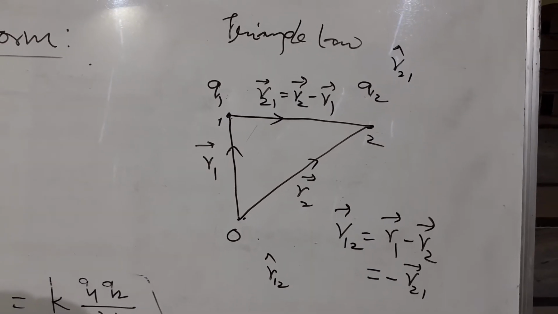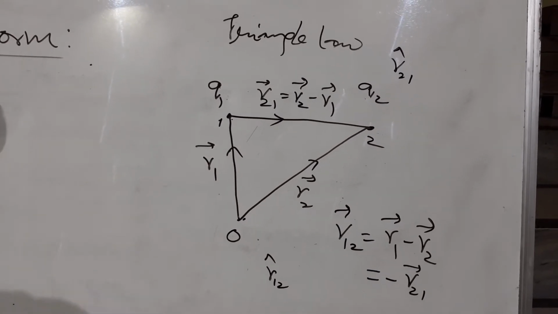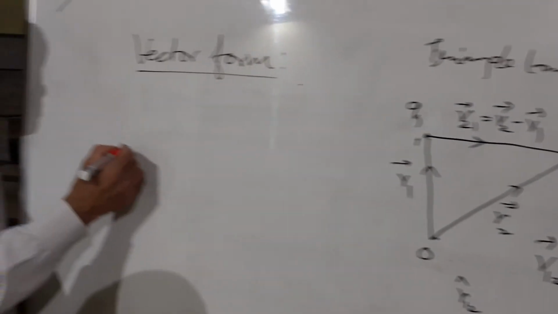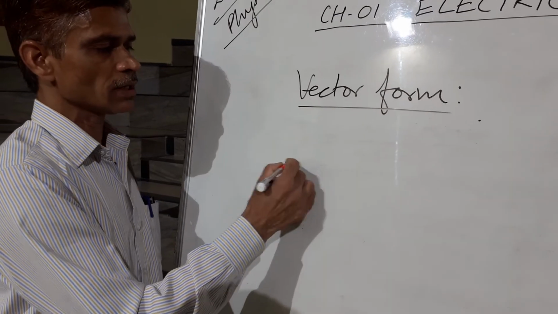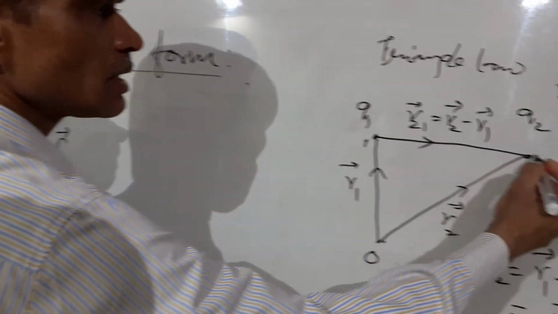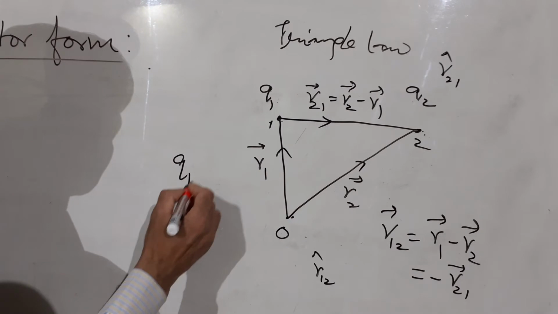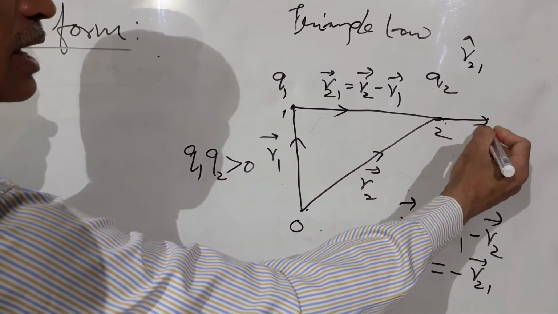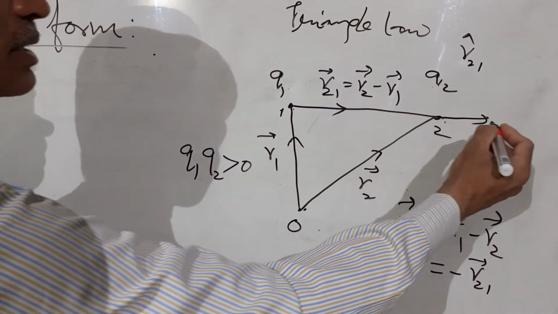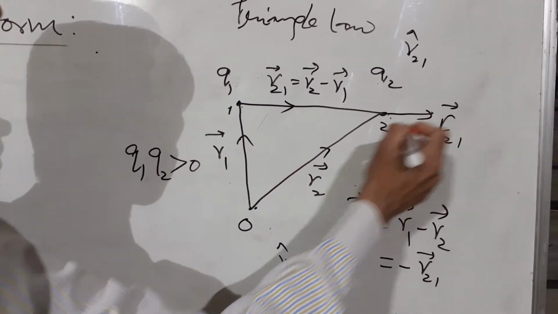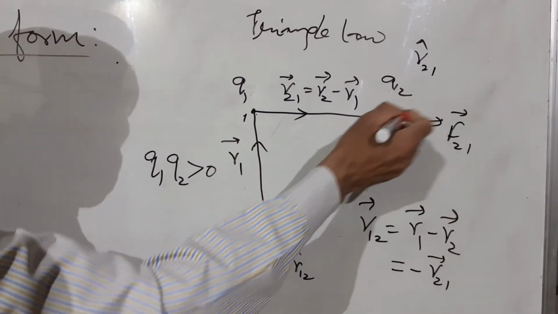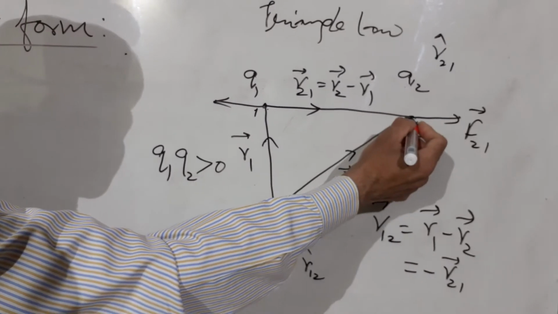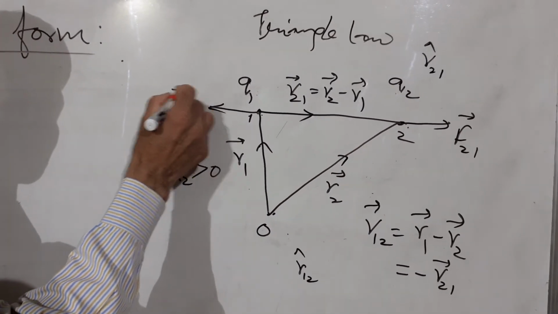So we want to write Coulomb's law in vector form. We can write F21, that is the force on charge 2 due to charge 1. Suppose both the charges Q1, Q2 are positive. Then this charge will repel this charge, so the force on this charge will be outward. And the force on charge 1 due to charge 2 will be F12.